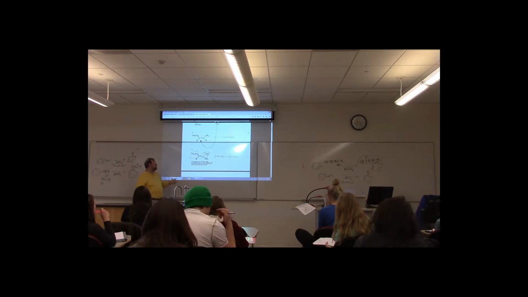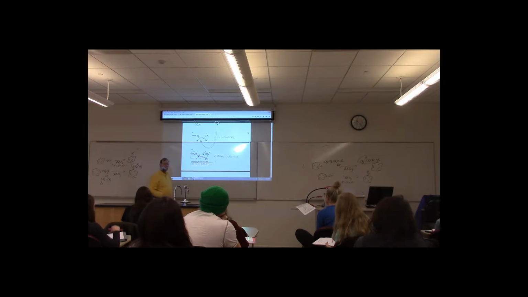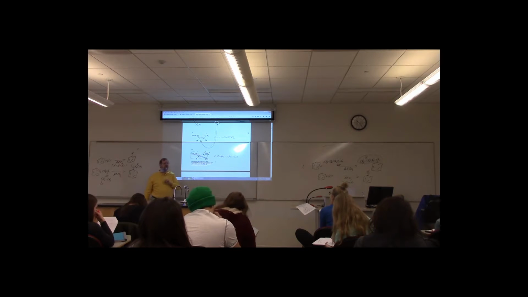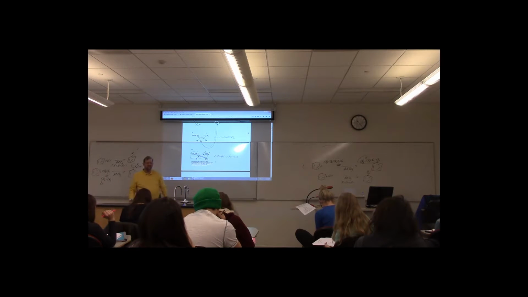What carbon is it on? Well, this was 1, this was 2. Why do I go that way? Because if I go this way, 1, 2, 3, you number from the end that gives the carbon atoms the lowest number. This would be 2, this would be 3. Now you have to use your high-level math skills in my class. What's the lowest number? Hopefully all pick it. And that's how you do it.